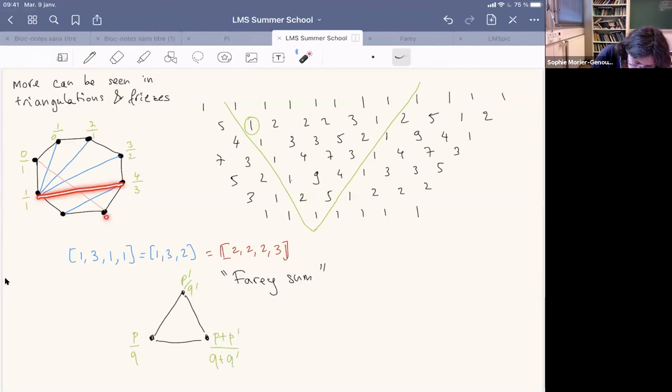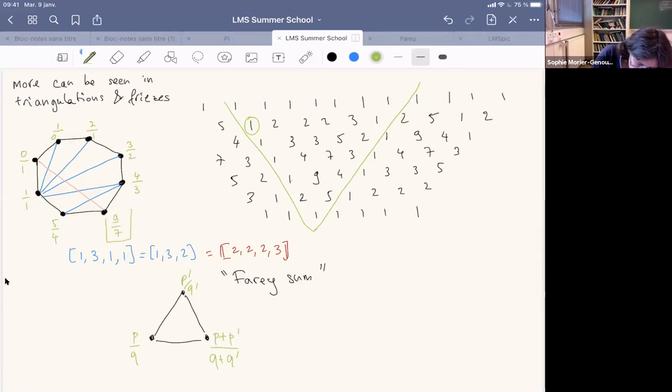I cannot go along here. I need to go under and look at this triangle. And so this triangle will assign 5/4, and the next one will be 9/7.